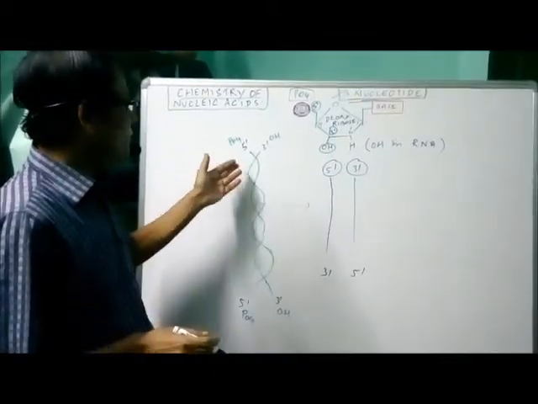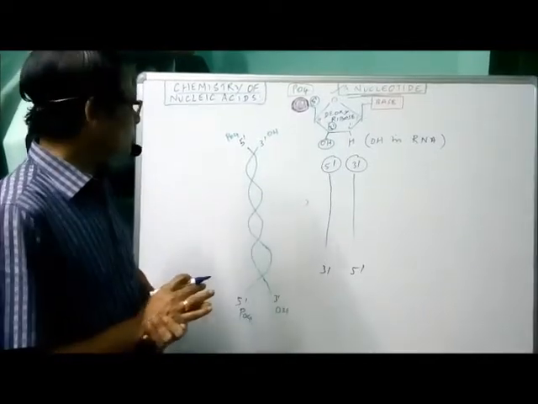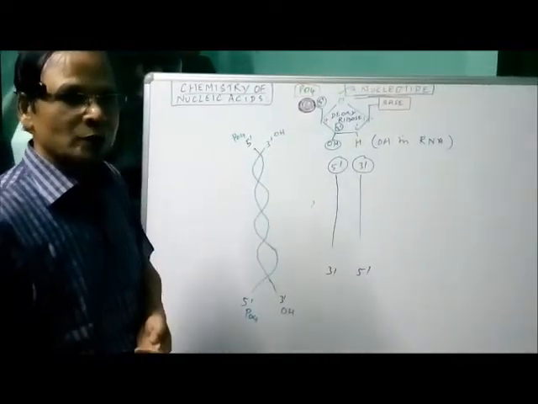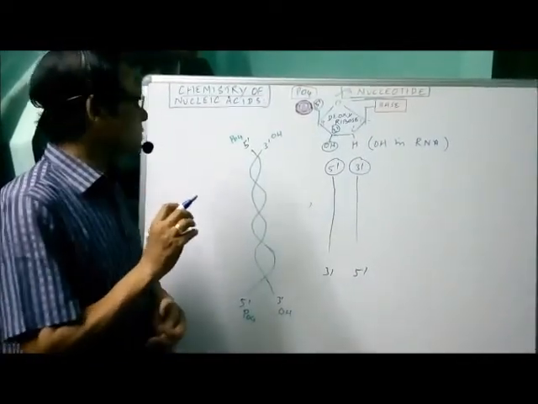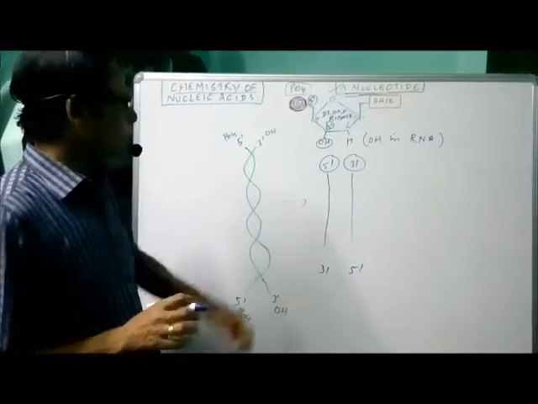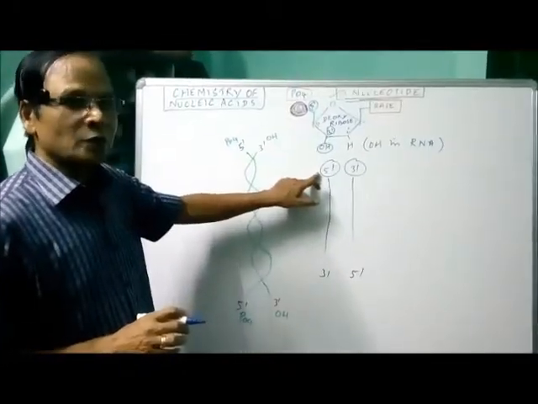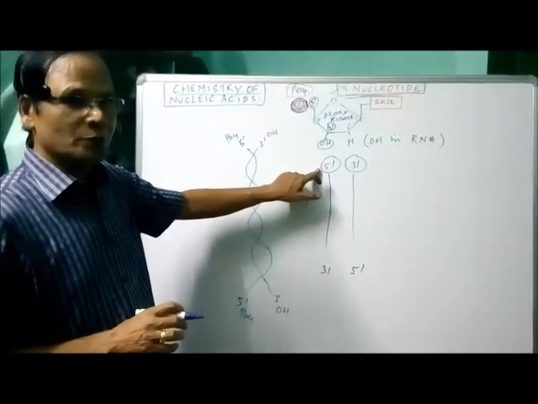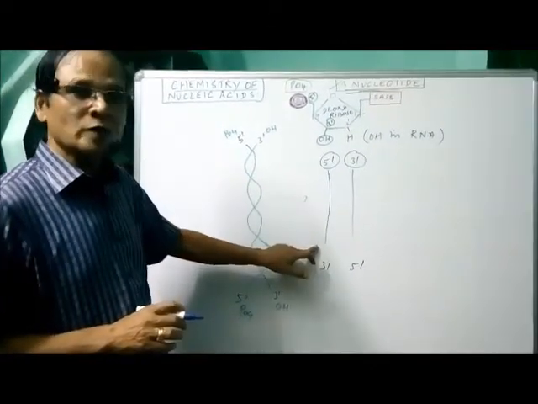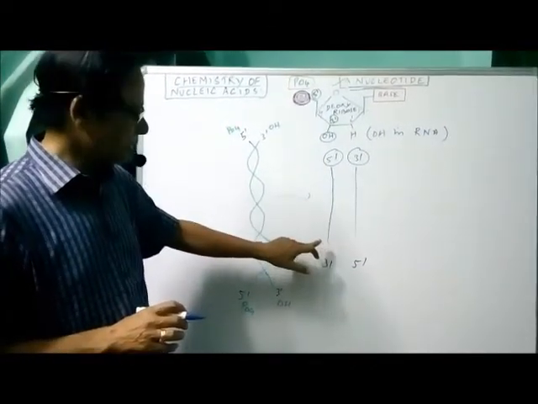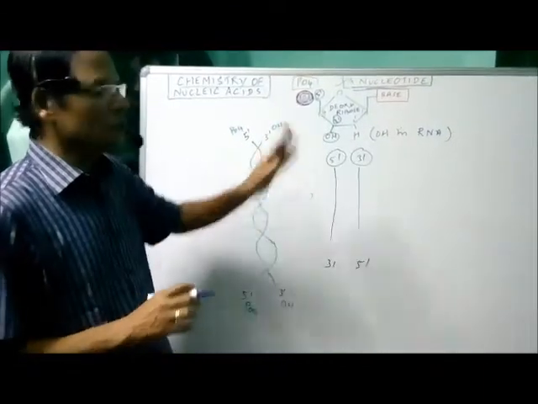That denotes 5', 3'. 5' refers to the free phosphate group, 3' refers to the free hydroxyl group. So in one strand at one end we have a free phosphate group attached to the fifth carbon, and at the other end we have a free hydroxyl group attached to the third carbon of the pentose sugar.